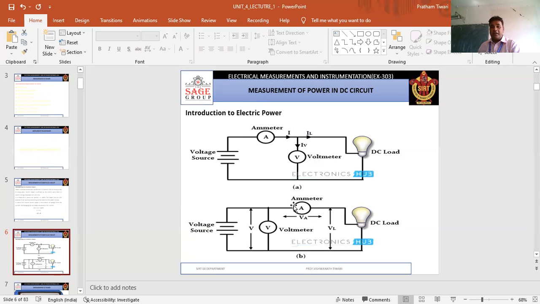We already know the formula of power, P equal to V into I. In the observation, the ammeter shows the current measurement and the voltmeter measures the voltage. Putting these quantities in the formula V into I, we can obtain the power in the DC circuit.